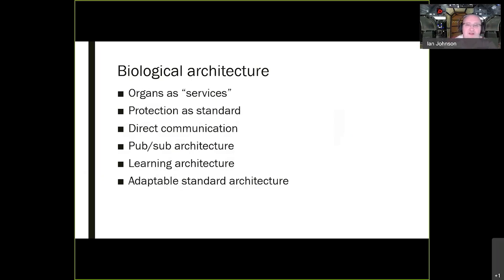I see that nature builds in a lot of protection by default into its architecture. I see we have direct communication as part of the human body. I see the pub-sub architecture within the body. I see learning architectures. And I think that all this is based on the adaptable standard architecture of the invertebrate.